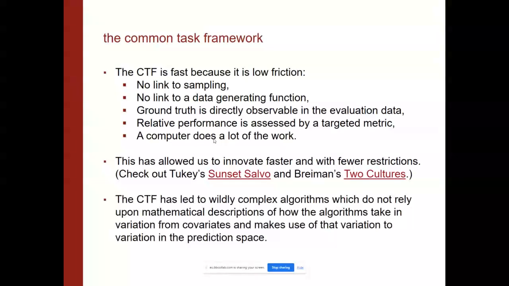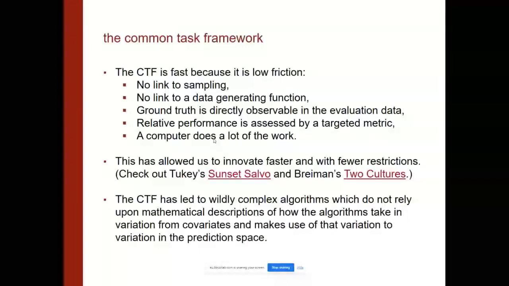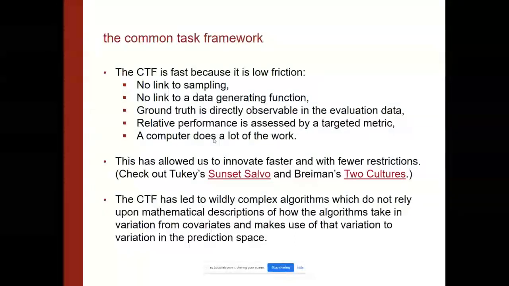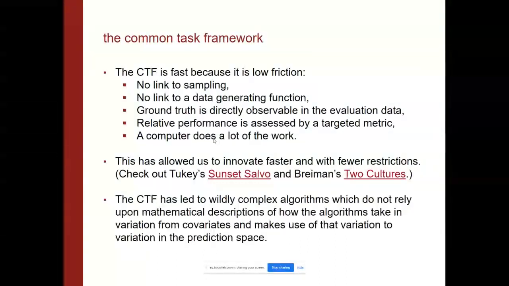But the common task framework has really led to, from our standards, wildly complex algorithms that don't rely on any mathematical description. So you can think of large language models, for instance. If someone doesn't describe those as wildly complex, I don't know how to relate to them.